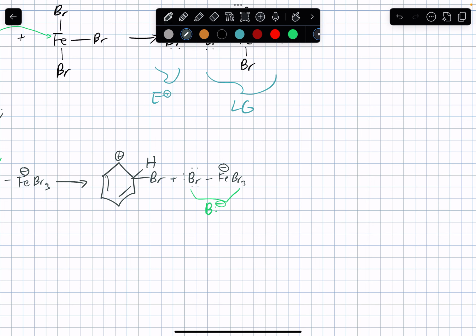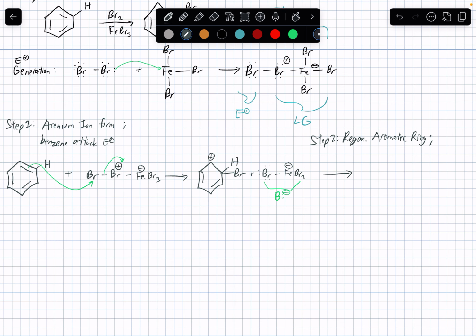So that's it. Let's now move on to step 2. Regeneration of the aromatic ring. Is that correct? Yeah. So in step 1, the benzene attacks the electrophile, no?